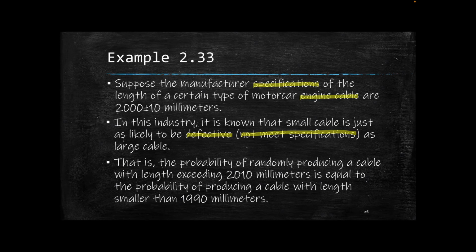As for the defective condition, there are two lengths of cable where some are larger than 2010 millimeters and some are smaller than 1990 millimeters, and these two events are equal.